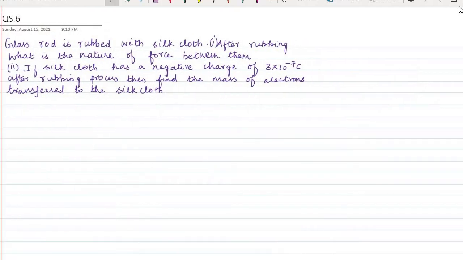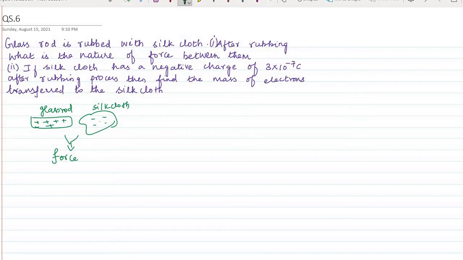Next question: a glass rod is rubbed with silk cloth. After rubbing, what is the nature of the force between them? When the glass rod is rubbed, it gets positive charge, and the silk cloth gets negative charge.